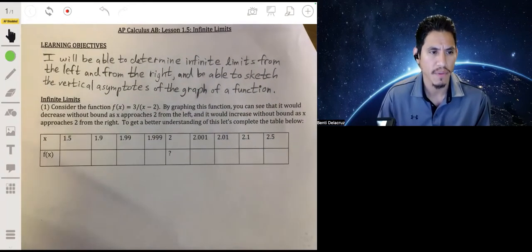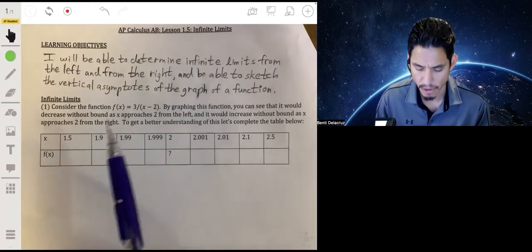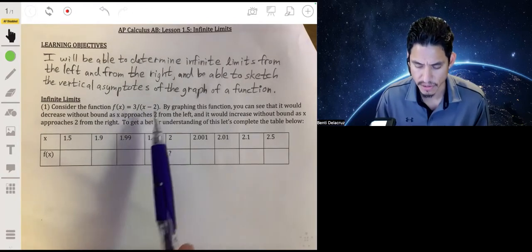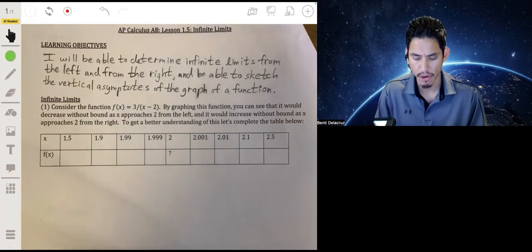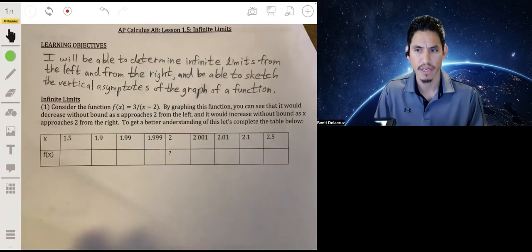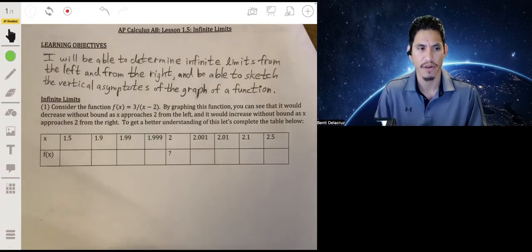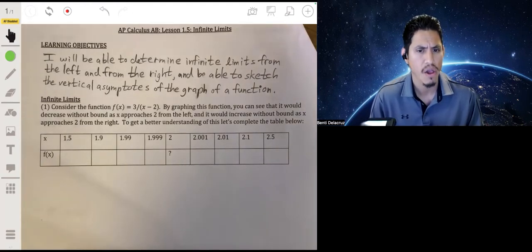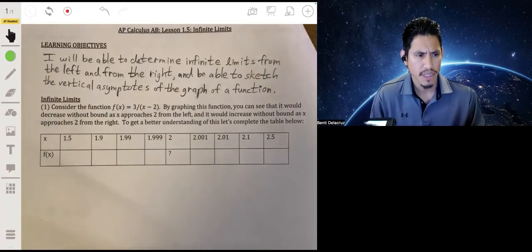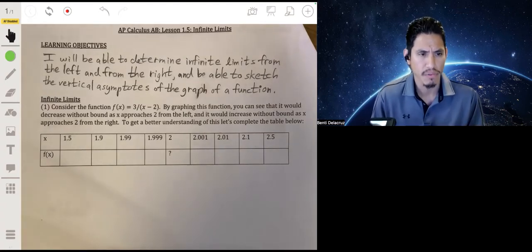Okay, so let's start off by considering this function where f of x is equal to 3 over x minus 2. Now, we could always graph a function by plugging in numbers over and over until you get a set of points that looks reasonable. But let's be a little more strategic, and let's see what happens to this graph when you're approaching 2.